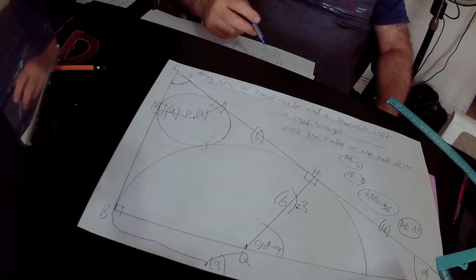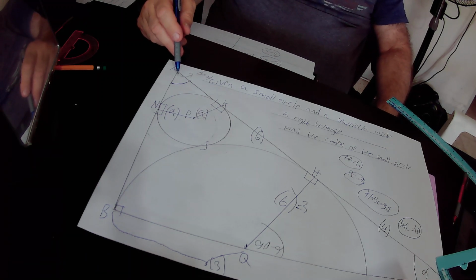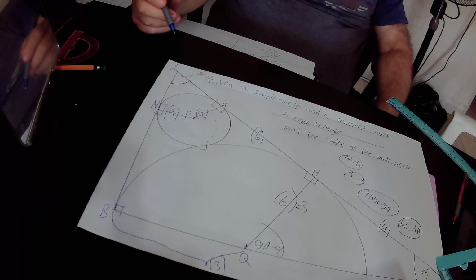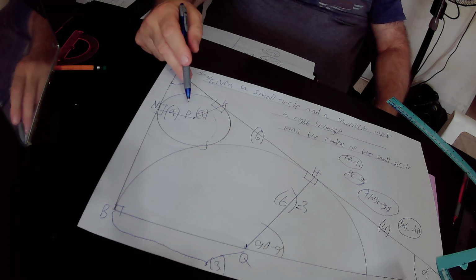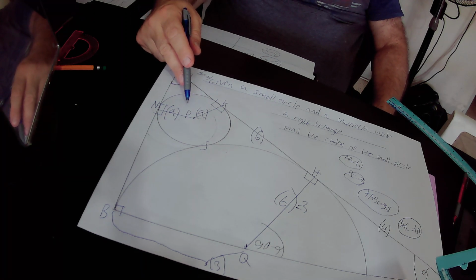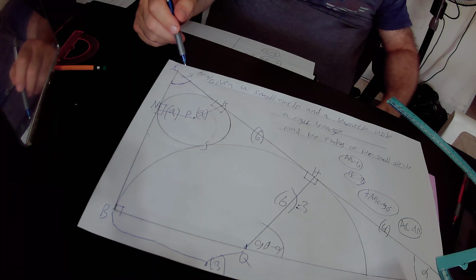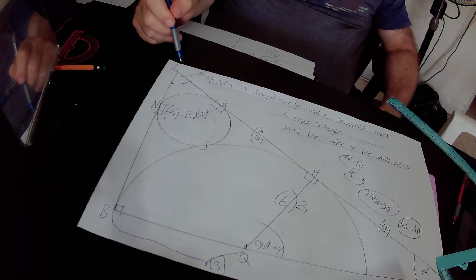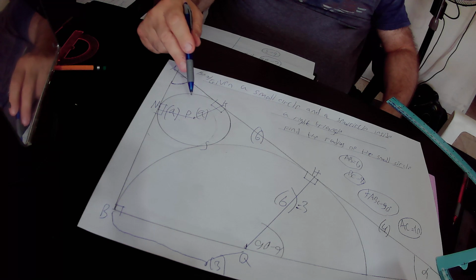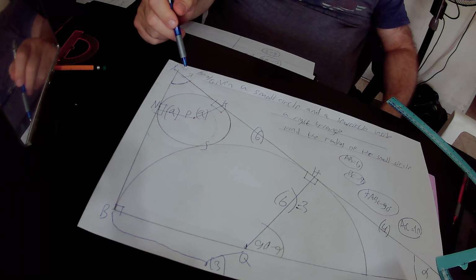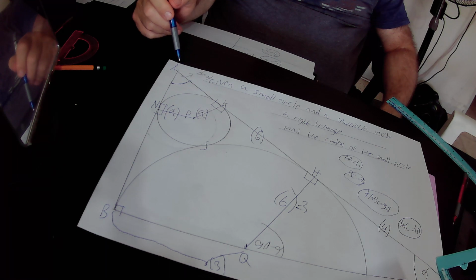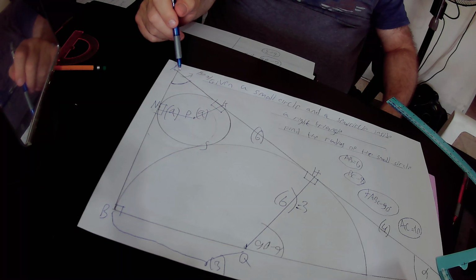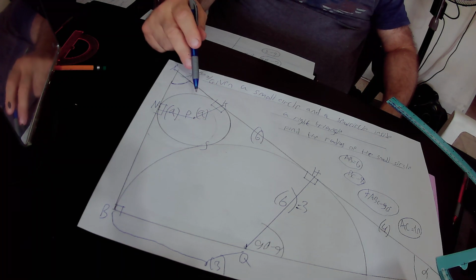And according to rule 15, the angle bisector of this angle A must pass through point P, that is the center of this small circle. So I will draw the angle bisector of this angle A. The angle bisector of angle A must pass through point P.